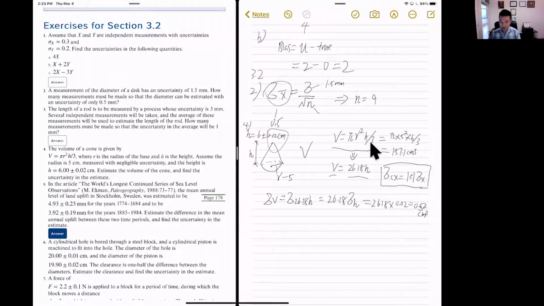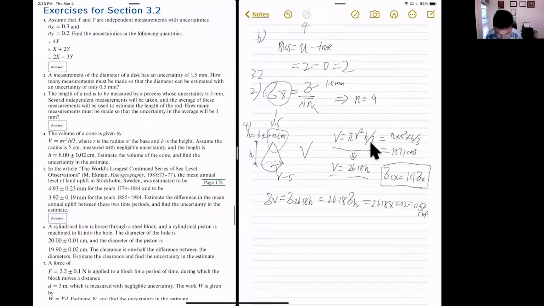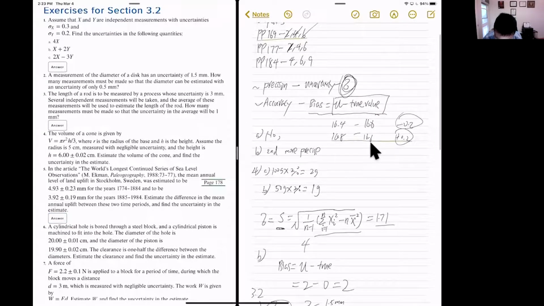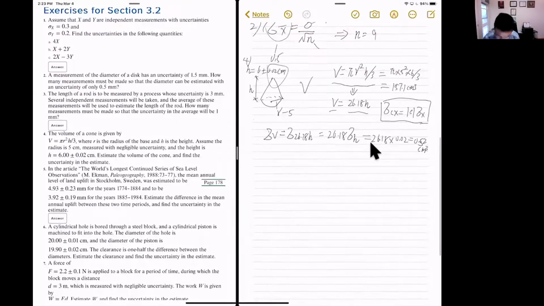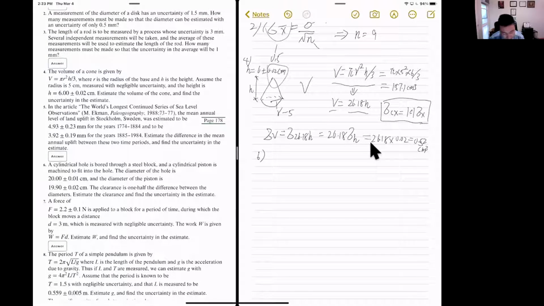So question number 6 is our next. A cylindrical hole is bored through a steel block, and the cylindrical piston is machined to fit into that hole.